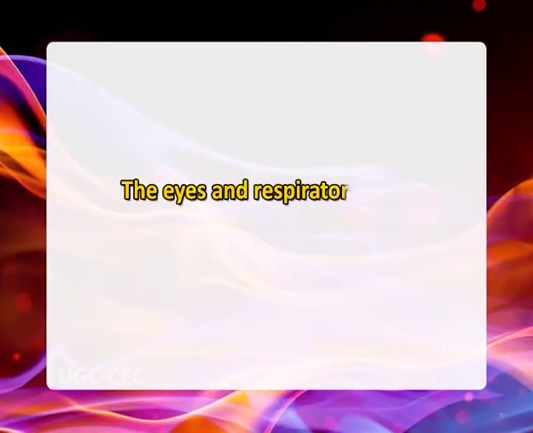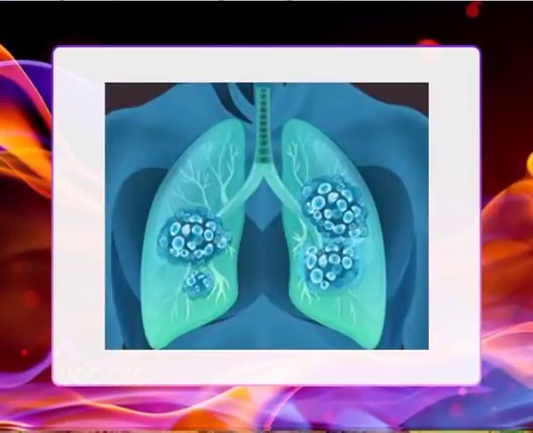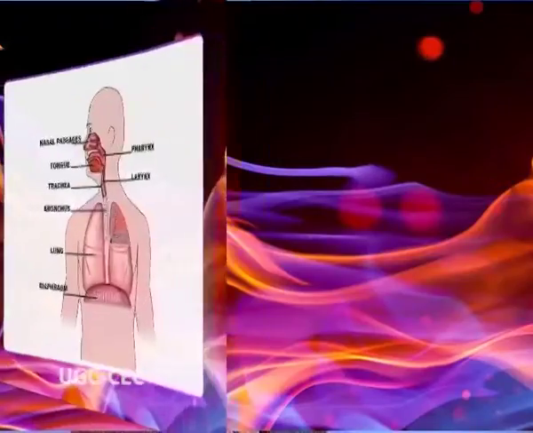The eyes and the respiratory tract. All solvent vapors can irritate and damage the sensitive membranes of the eyes, nose and throat. Inhaled deeply, solvent vapors also can damage lungs. The airborne concentration at which irritation occurs varies from solvent to solvent. Often workers are unaware of solvents' effects at low concentrations.